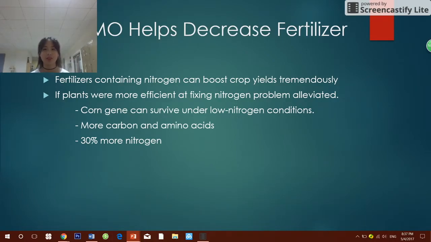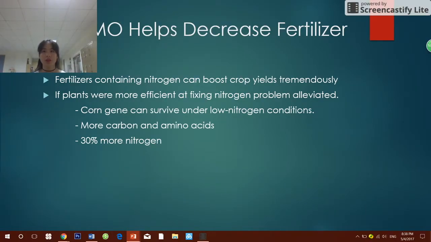How GMO helps decrease fertilizer use. Fertilizers containing nutrients can boost crop yield tremendously, but the resulting agricultural runoff pollutes nearby waterways. If plants were more efficient at fixing nutrients, the problem could be alleviated. Plants endowed with acorn genes absorb a greater amount of the element from the soil and can thrive under low nutrient conditions.